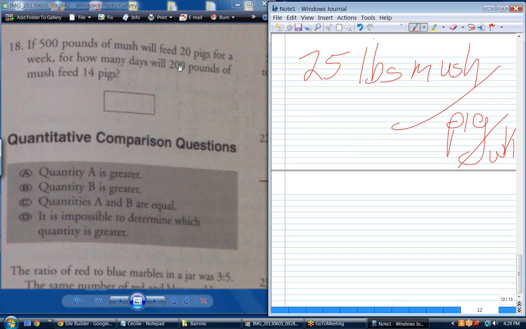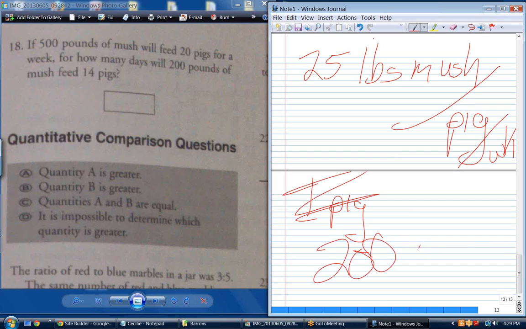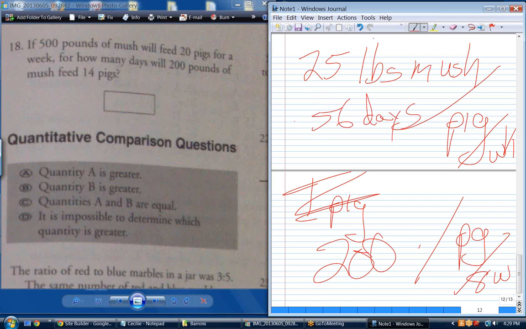If I divide 200 pounds by 25, that's 8 week servings per pig. So 1 pig for 8 weeks would get 200 pounds of mush. Well, we've got 14 pigs, so 8 weeks is 56 days. So clearly we're going to have to divide that by 14, and we get 4.